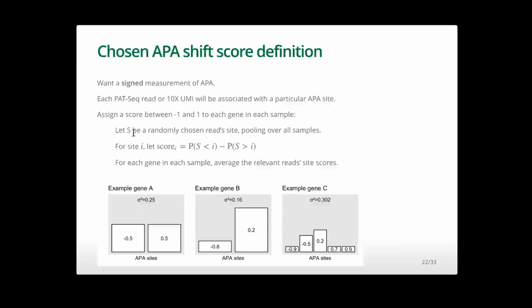Each gene is going to have a collection of sites from upstrand to downstrand. What I'm going to do is assign each site a score between -1 and 1. And I'm going to do it in this particular way: the probability that another randomly chosen site is upstrand of this site, minus the probability that a randomly chosen site is downstrand of this site.